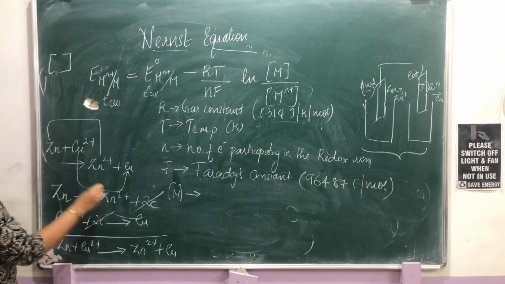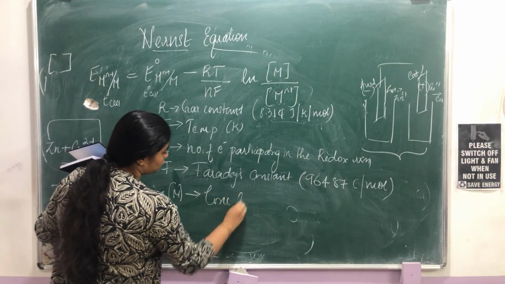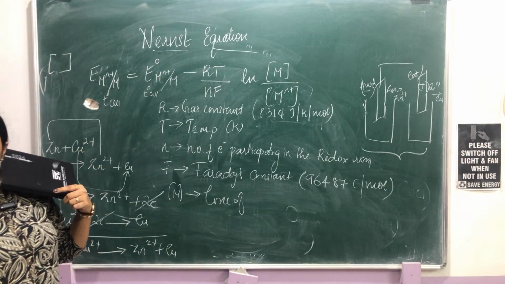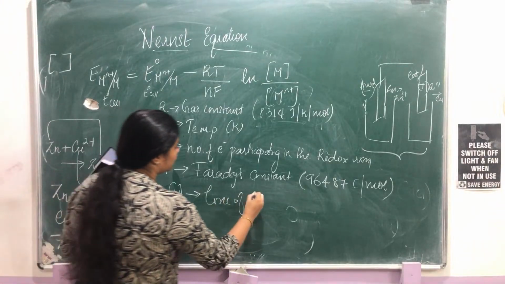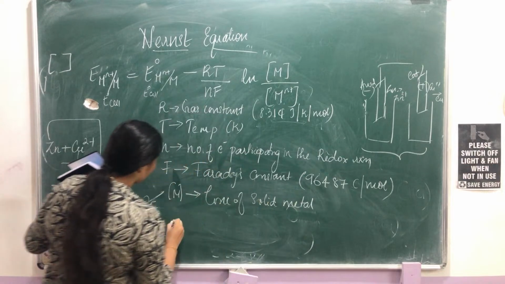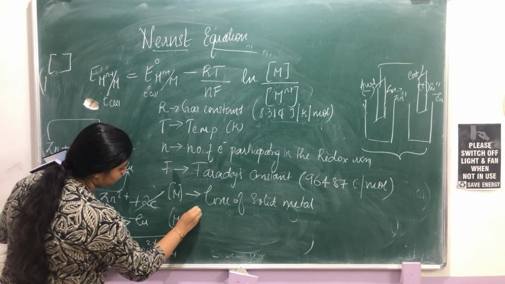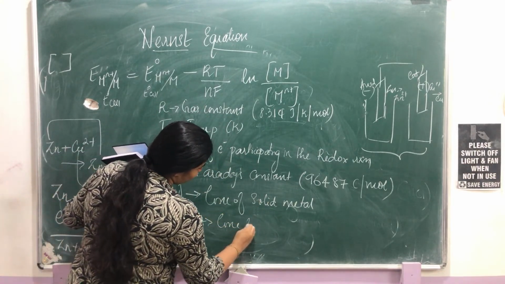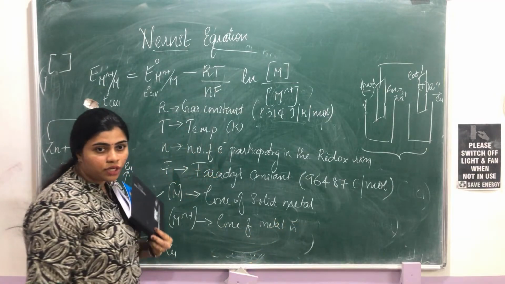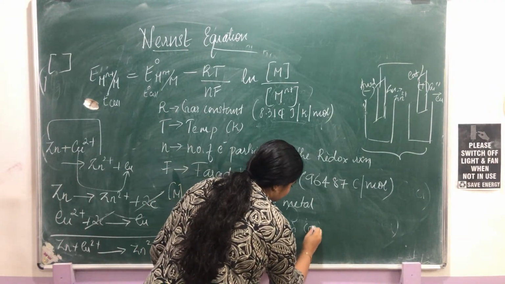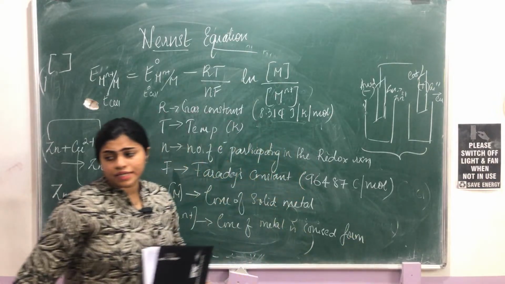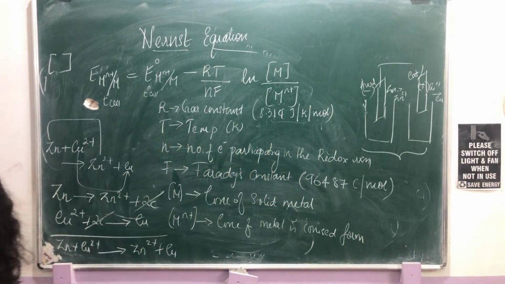It will be the concentration of M. M is given as solid, so it will be the concentration of solid metal. And what is Mn+? Concentration of metal in ionic form. Correct? Ionized form. Is this much clear?